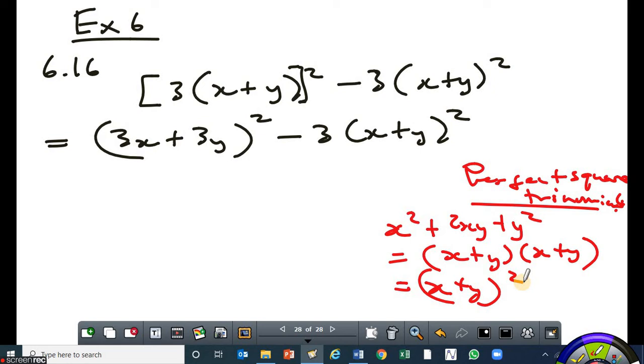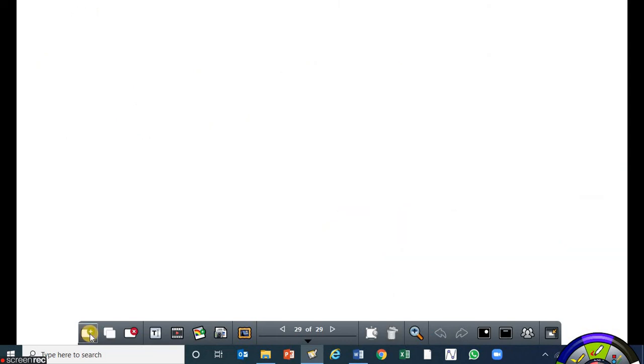Now, this is the first perfect square trinomial. Okay? It has got a sister or a brother, which I'm going to talk about on the next page. The next one is going to be, let me write it on the side. The other one is going to be x squared minus 2xy plus y squared.